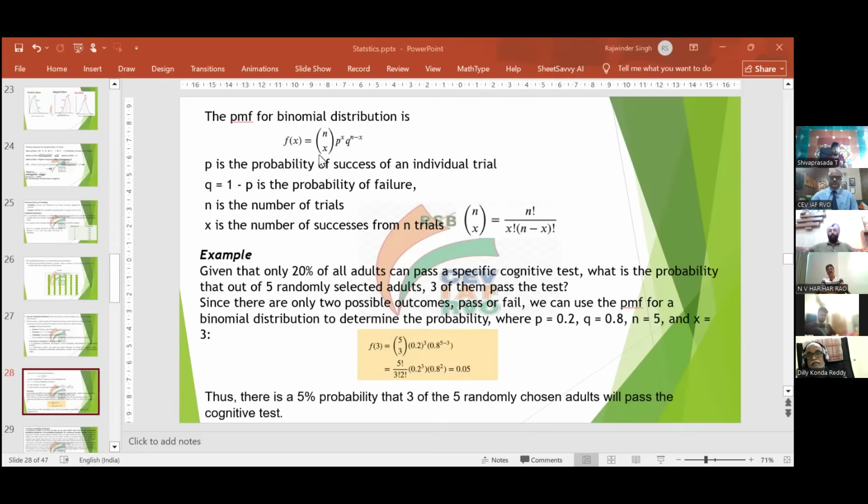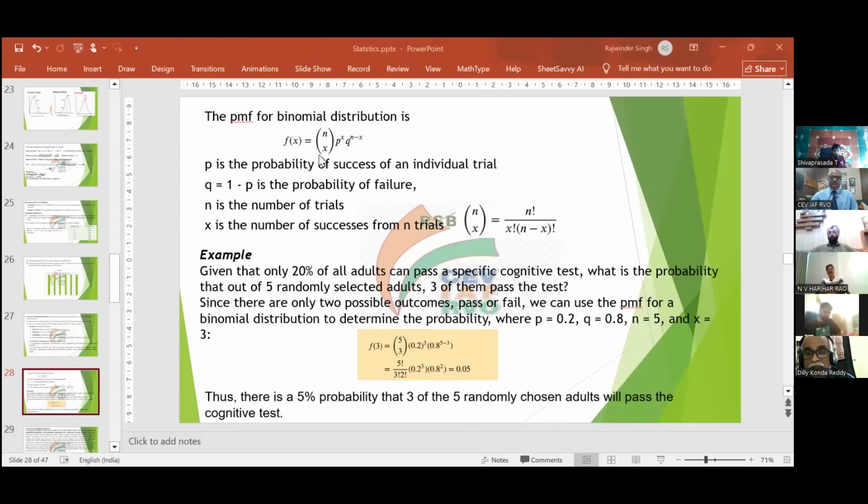So given that 20% of all adults can pass a specific cognitive test, what is the probability that out of 5 randomly selected adults, 3 of them will pass the test? Since there are only 2 possible outcomes, pass or fail, we can use the PMF for a binomial distribution.